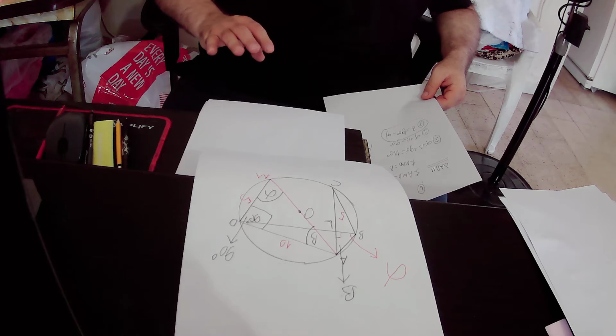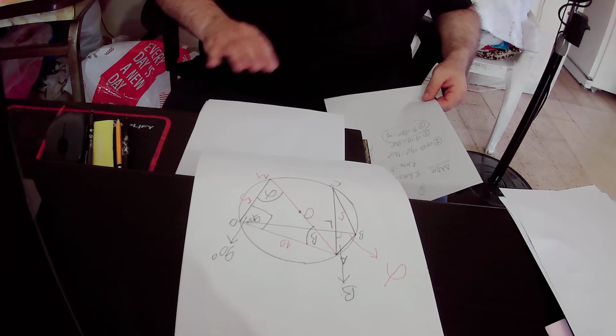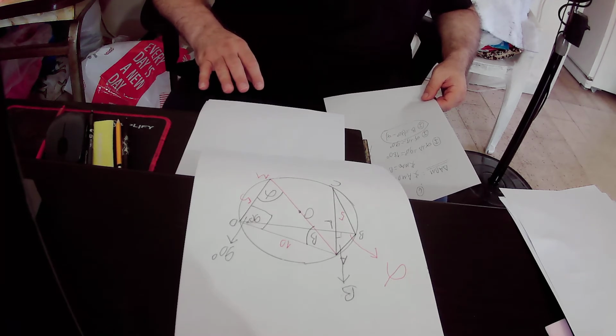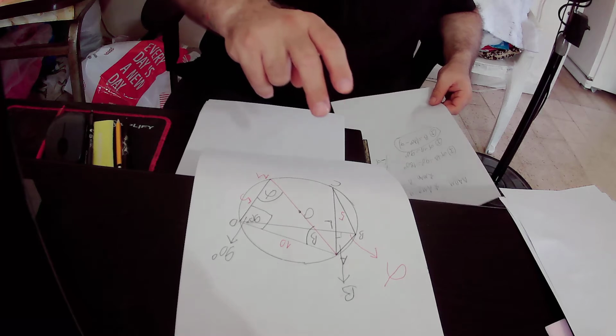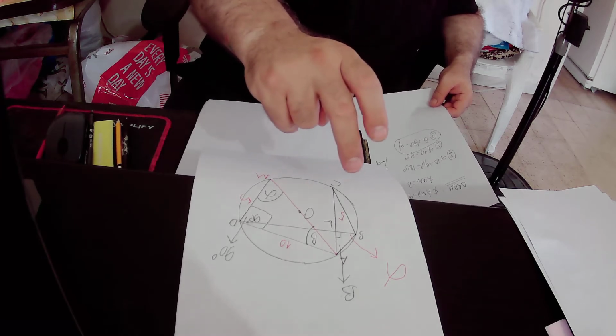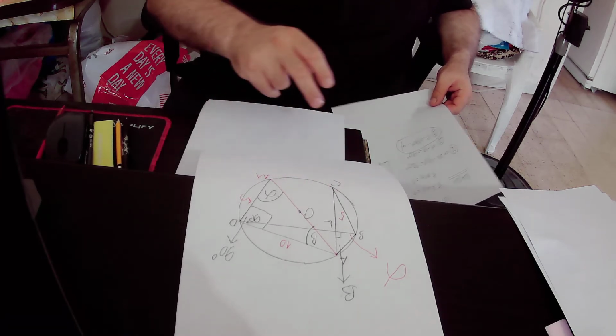The sum of the angles of any triangle equals 180 degrees, and especially the sum of the angles of the right triangle ADM equals 180 degrees.